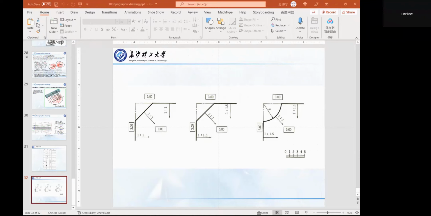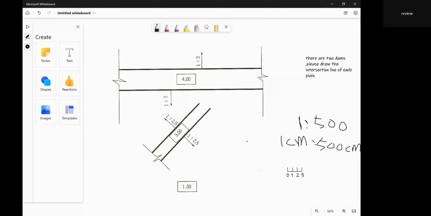Okay, so there's not much more time. Oh, sorry, I forgot. I always have to change the screen sharing. So you can see there are two dams. Please draw the intersection line of each plane.